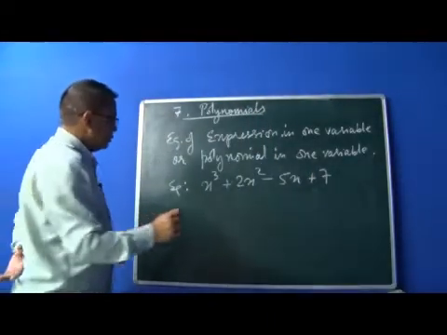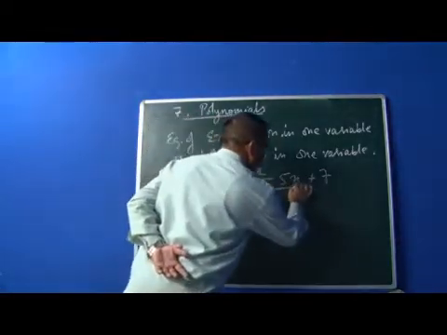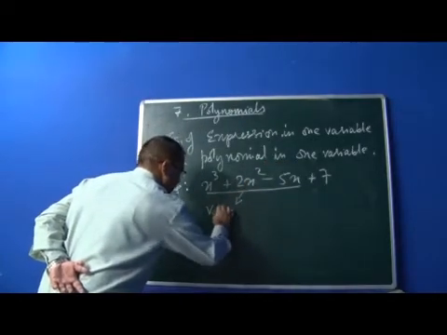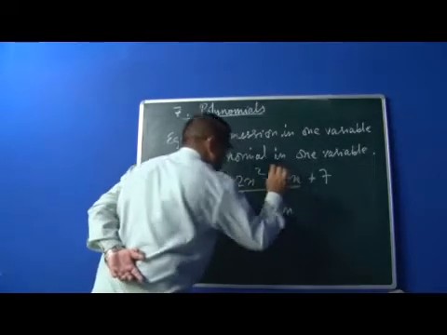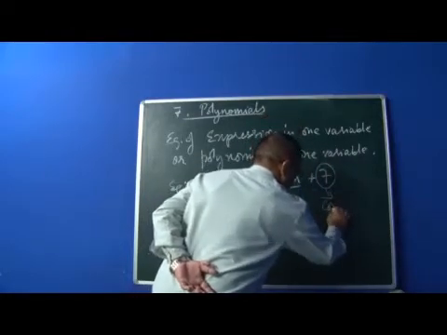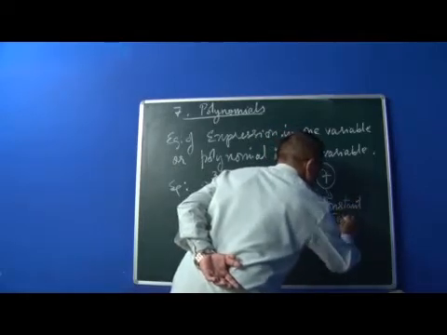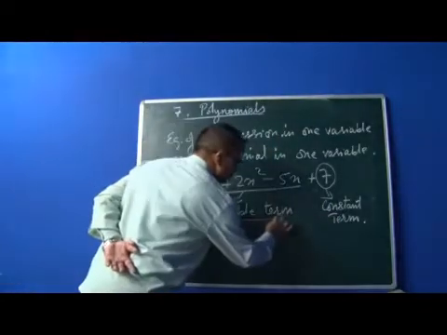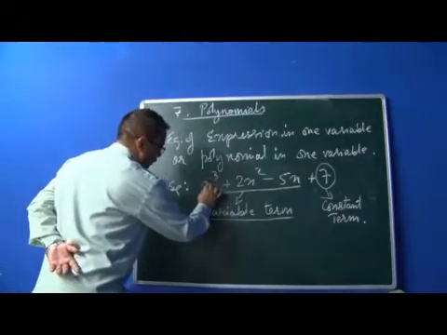Here it is divided into terms. We can take this one known as a variable term, and we can take this one known as a constant term.